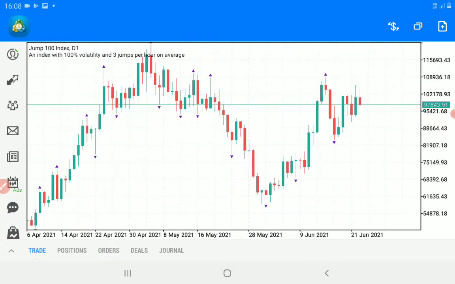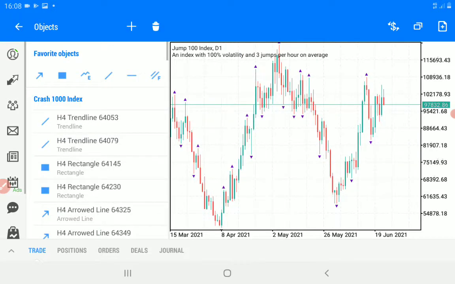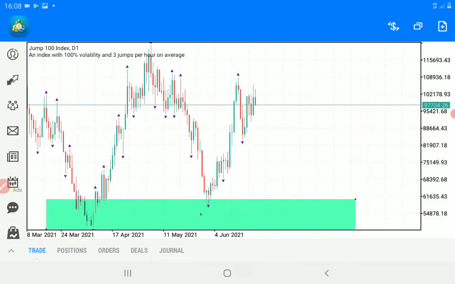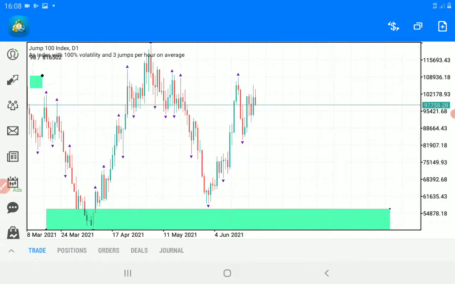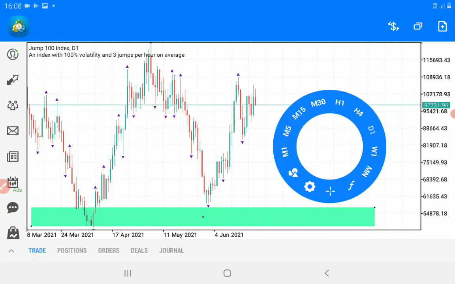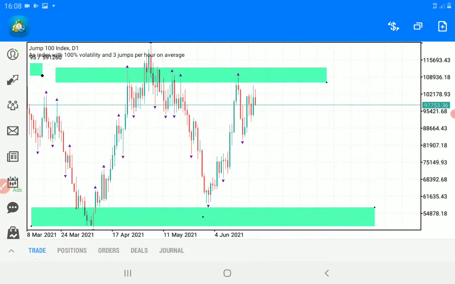Daily time frame doesn't have much information, but anyways, I can put in there a support, right? A support somewhere there. And then for a daily time frame I can put in a resistance up here.